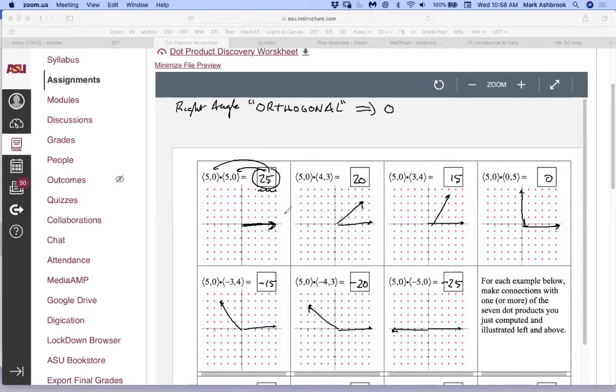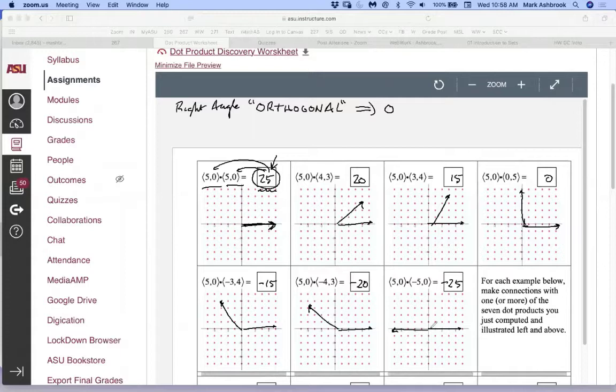A squared. What's the magnitude of this first vector? 5. What's the magnitude of this vector? 5. So this is the product of the magnitudes. But you only get that exactly when they're the same vector.